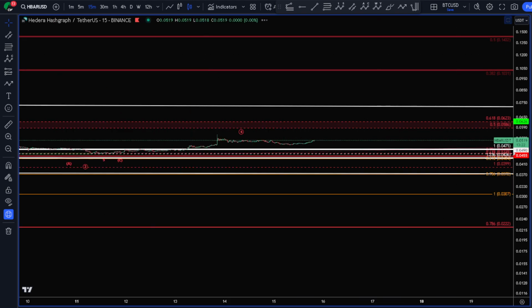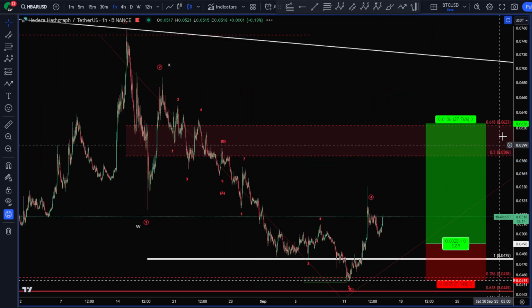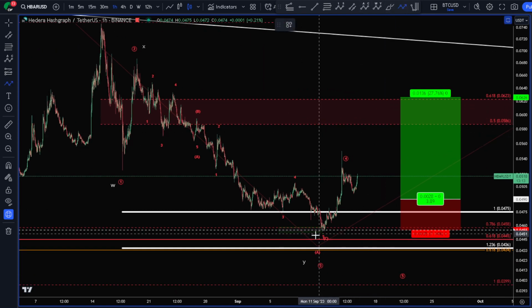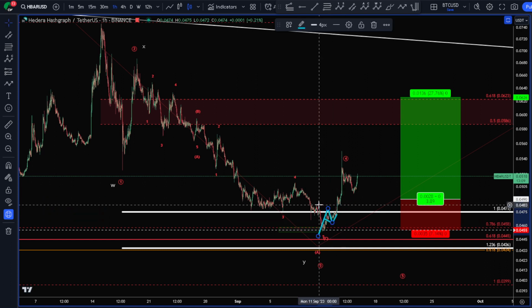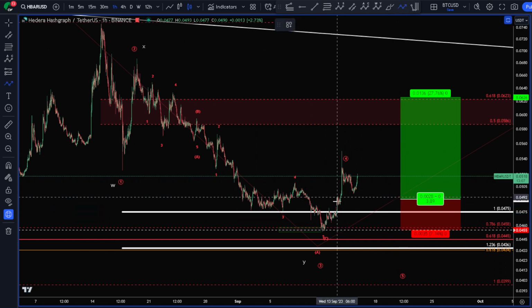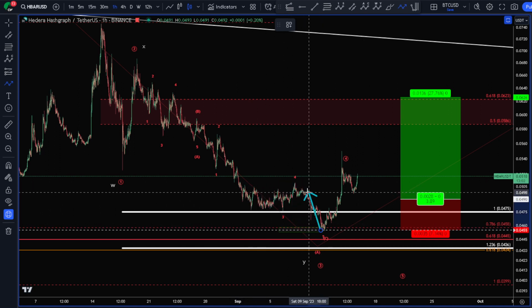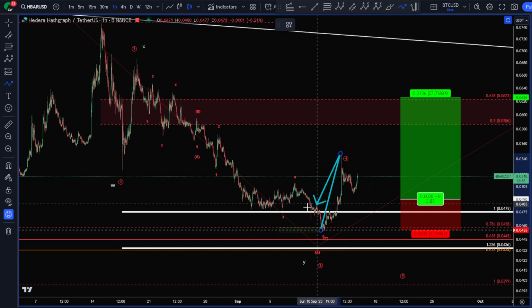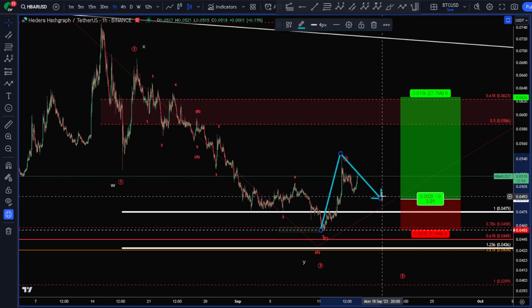Now last video I was looking for, if you want to check the last video, you're welcome to, but we were down at this bottom and we had this wave in. Before I was going to enter into this trade, I wanted to see us break this resistance, which we did, and I wanted us to find support at this resistance, which it looks like we're going to get.